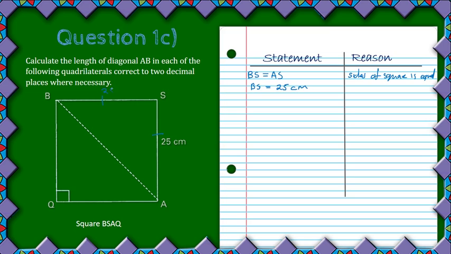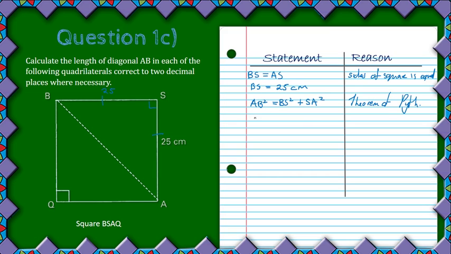Since we know this is a 90-degree angle, we once again can use Pythagoras to find AB. So AB squared is equal to BS squared plus AS squared. Theorem of Pythagoras.